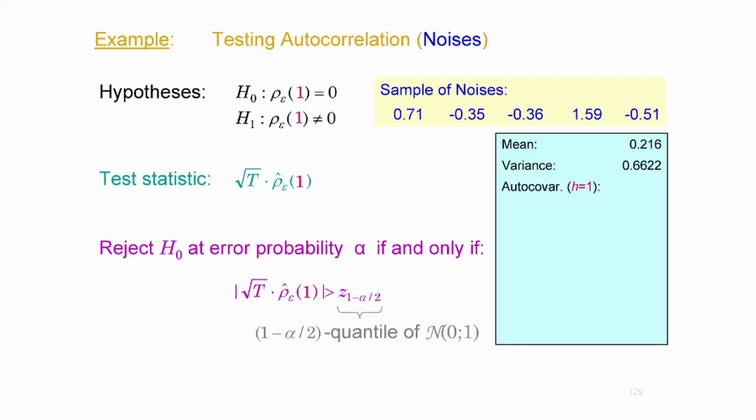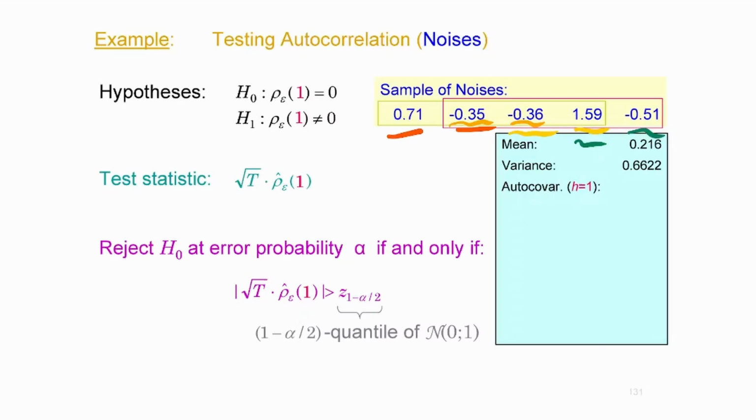Now I would calculate the autocovariance too, and the autocovariance is calculated with respect to the time lag 1. So you have 4 observations at the beginning, the first 4, and then 4 observations at the end. So you're going to have 4 observation pairs: that one with that one, and then that one with that one, then the third, and the fourth.